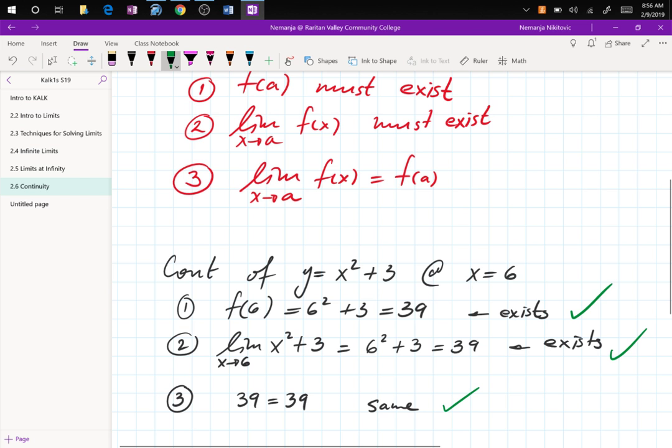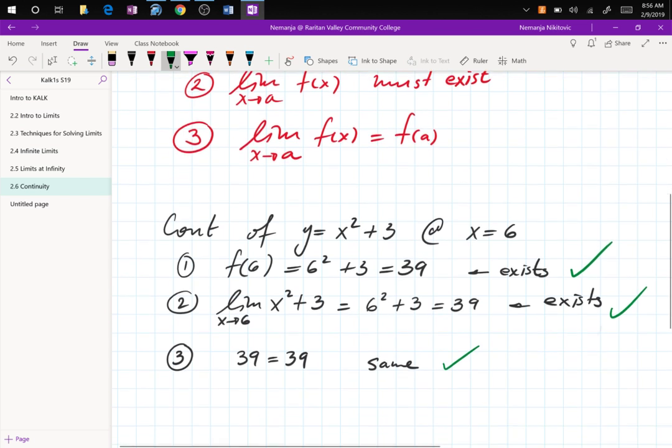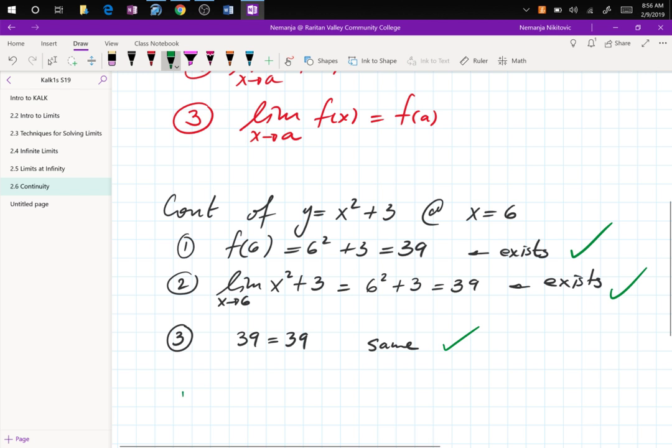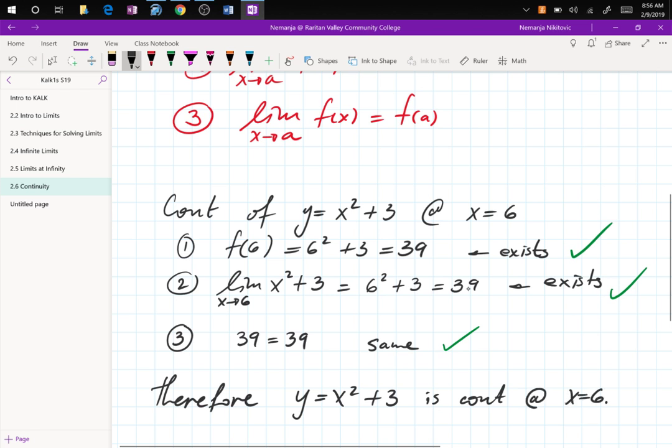All 3 worked out. Therefore, y equals x squared plus 3 is continuous at x equals 6. We don't know about x equals 5.